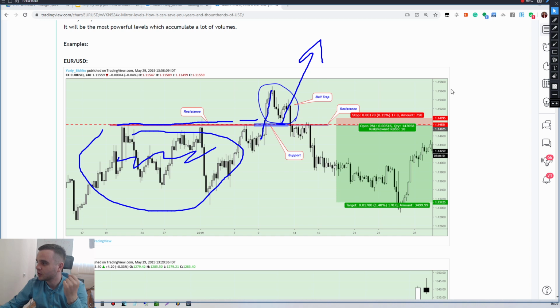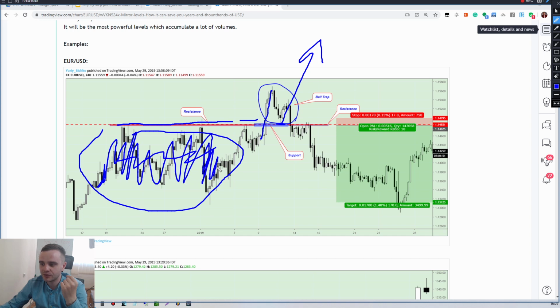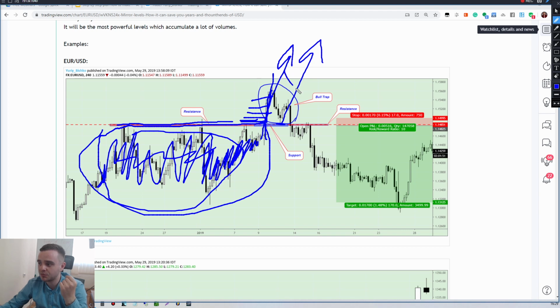But once more, why is a mirror level important? Because you need to understand that here was a place where a lot of people traded, and just imagine how many people opened a sell here. When the price breaks such key levels, there are so many people who set their stop losses. Stop losses of sellers create new volume up, and after that big players come back to retest, to hit another break events and move the instrument.